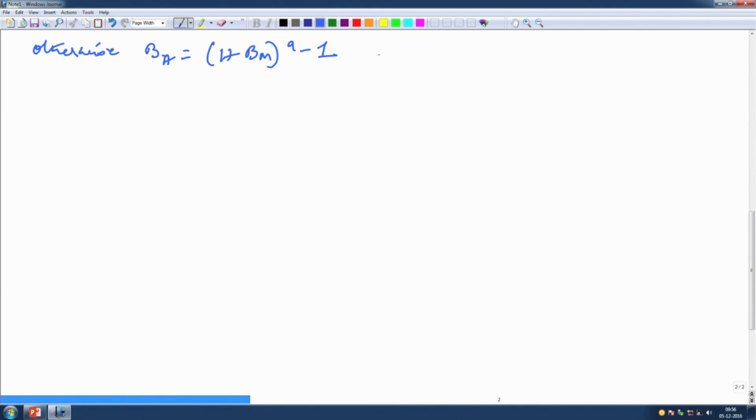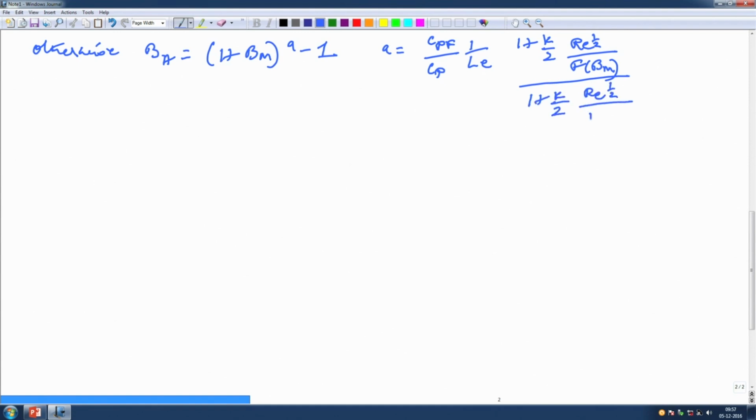Now, this A is Cpf by Cp, where Cpf is nothing but the mixture specific heat, or the specific heat of the gas mixture including the fuel vapor, times 1 over the Lewis number, times 1 plus K by 2 Reynolds number to the power of half F of Bm, over 1 plus K by 2 Reynolds number to the power of half F of Bh. This is the same F factor that we have. That is the total expression that we have.